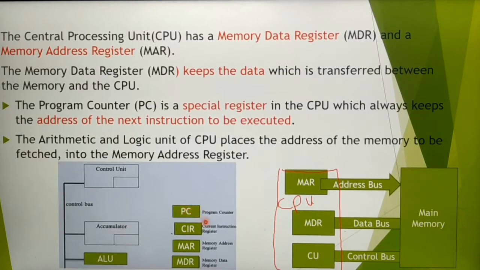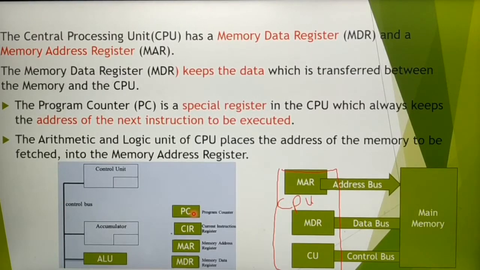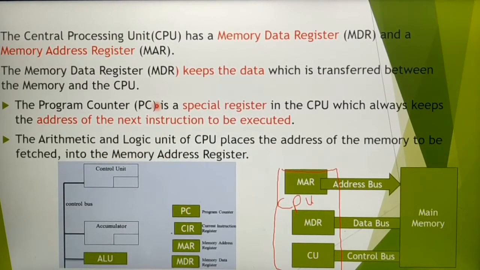And what is the program counter? Actually, the program counter is a special register. It keeps the address of the next instruction to be executed. We can see here the central processing unit has a memory data register, which is simply called MDR, and a memory address register, which is called MAR. These two are given here.